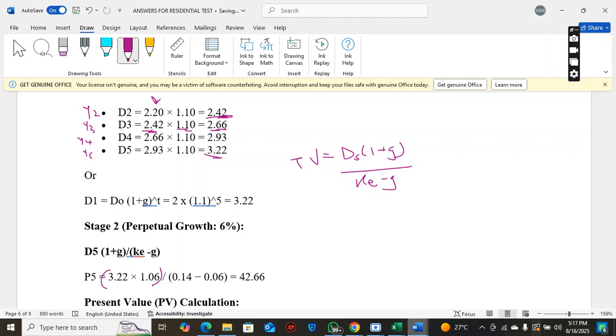The growth rate is 6%, so 0.06 plus 1, that's how you get this 1.06. Divided by 0.14, the cost of equity, minus the growth rate, 0.06. You get 42.66. Any questions?